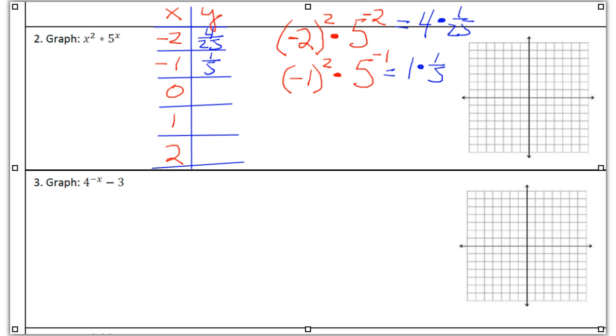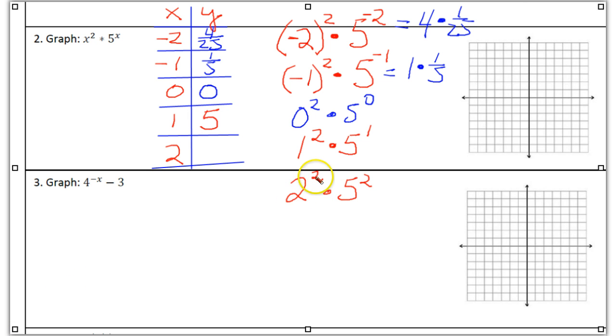Now, when this is 0, now 0 squared is 0 times 5 to the 0 power is 1. 0 times 1 is 0. 1 squared is 1 times 5 to the first is 5. 1 times 5 is 5. 2 squared is 4. 5 squared is 25. 4 times 25 is 100.